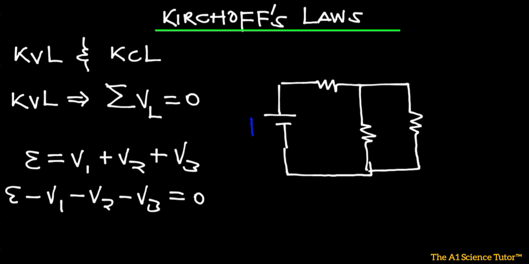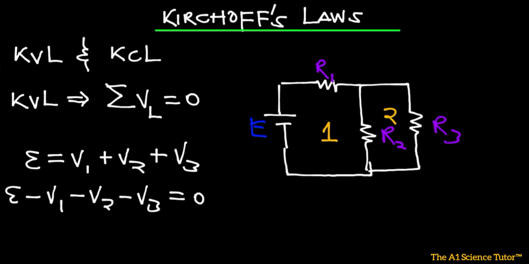Say this is the EMF source or the battery, this is the first resistor, R1, this is the second resistor, R2, and here we have the third resistor, R3. As you can see, there are two boxes, which would be called loops. The first loop is here, and the second is this one. So here we have two loops.